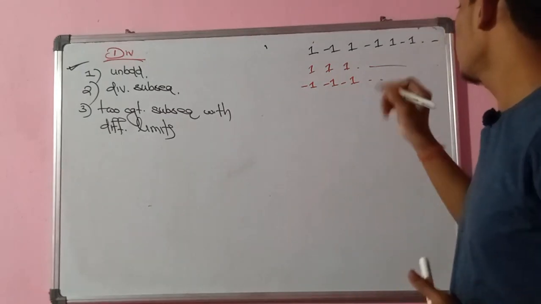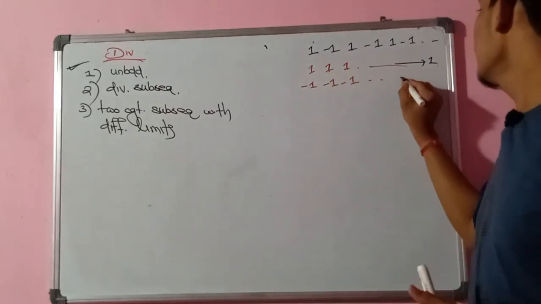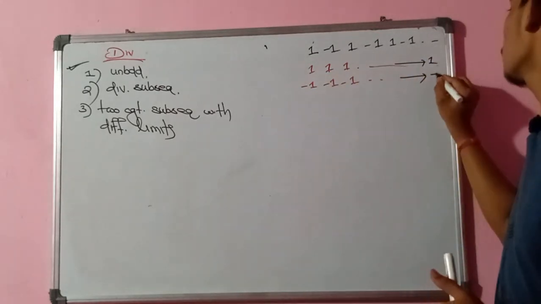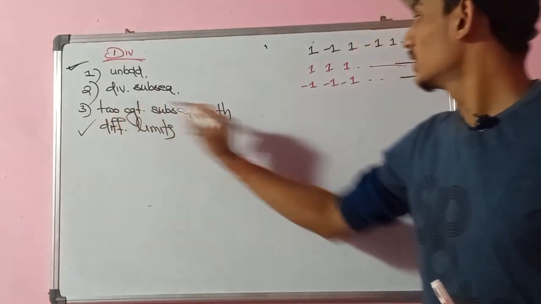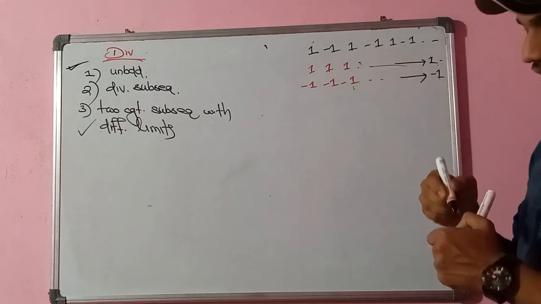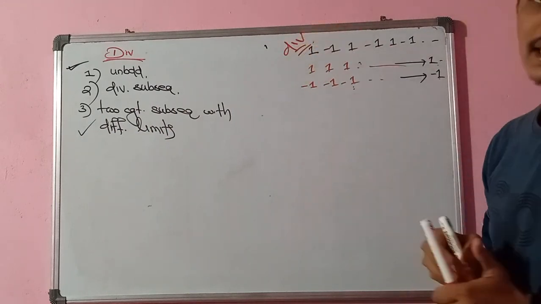The first converges to 1 because all the terms are 1, it is a constant sequence. The second subsequence converges to minus 1. See, this is the third case: two convergent subsequences with two different limits. So this sequence is divergent.